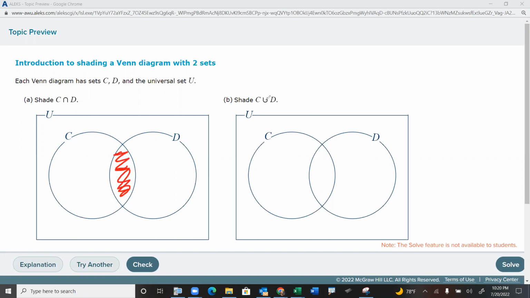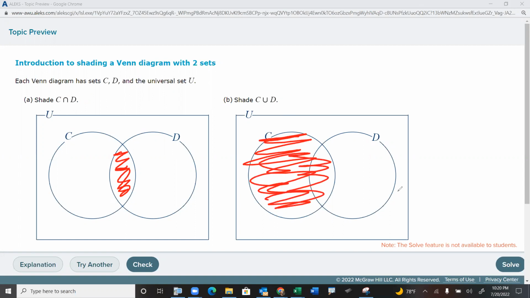Well, they overlap right there. This one has a union symbol. Union means take everything in this set and everything in that set. Keep it all. So everything in C and everything in D, and that's our answer for C union D.